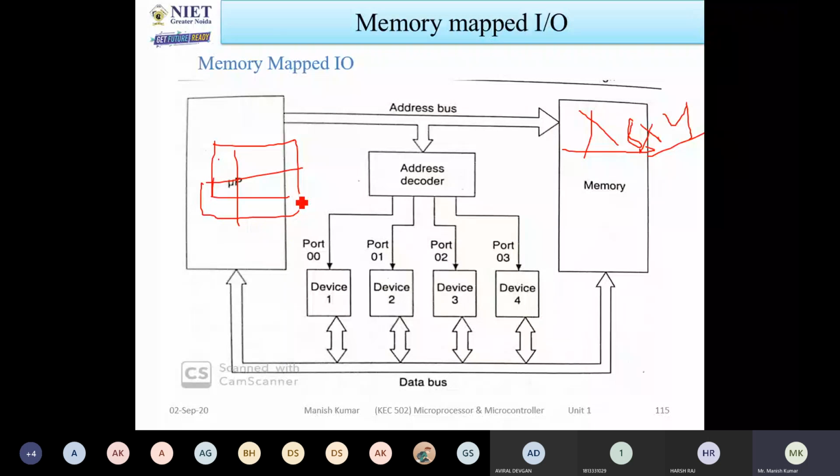A, F, B, C, D, E, H, L. Flag will be used separately, accumulator will be used separately. So you have these 6 registers, and with the help of these 6 registers, you can use this memory location.